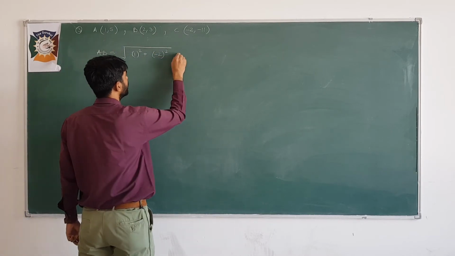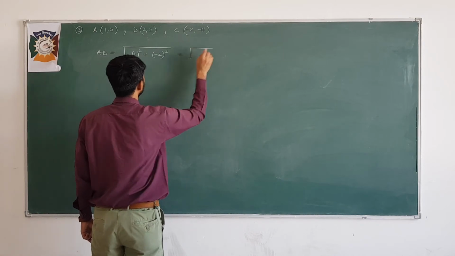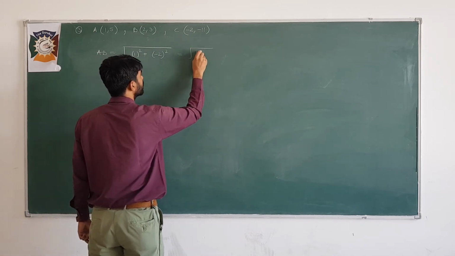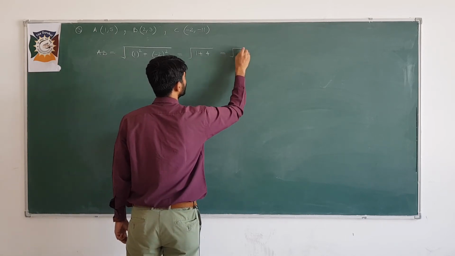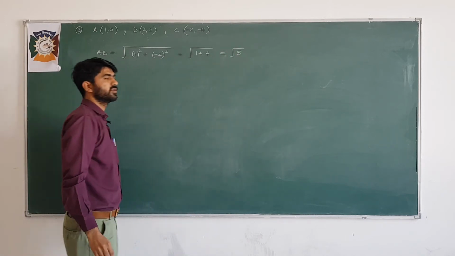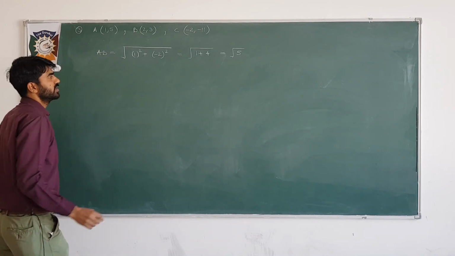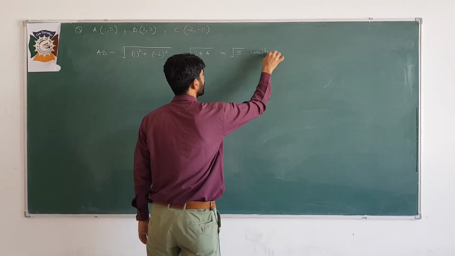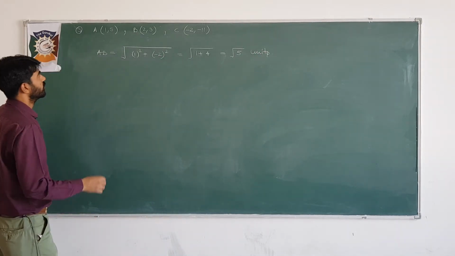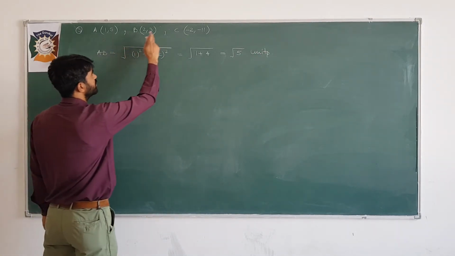So it becomes root over 1 plus 4, so it comes out to be root 5. This is AB, root 5 units. Fine.